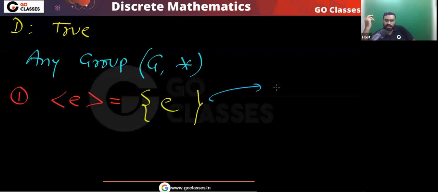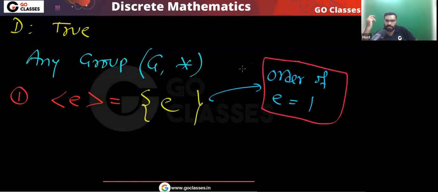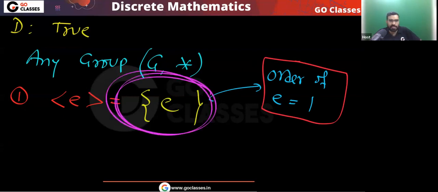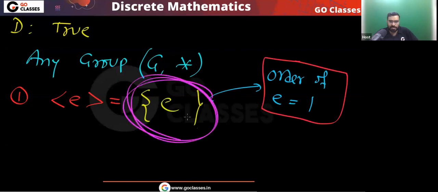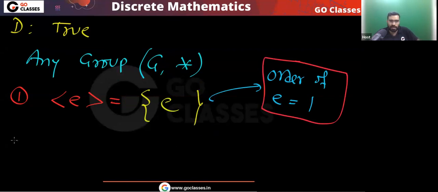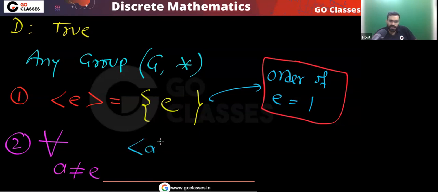That is the reason I can say the order of E is 1, because E can generate only one element, that is itself. The number of elements generated by the identity element is 1. But you notice one thing: for all A which are not the identity element, at least how many elements will be generated?